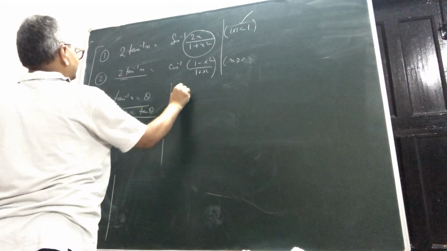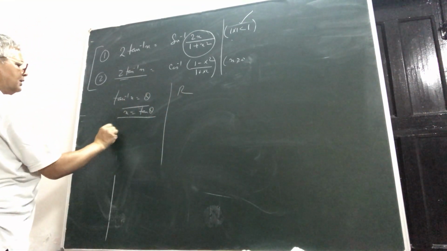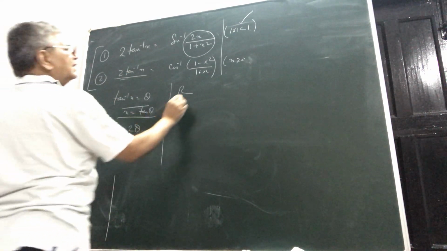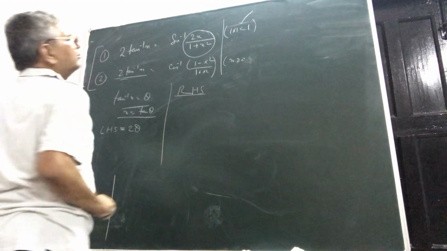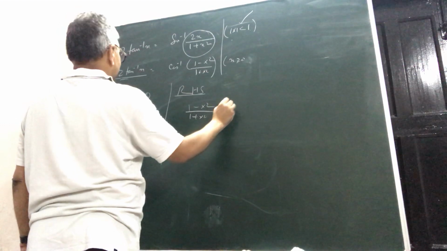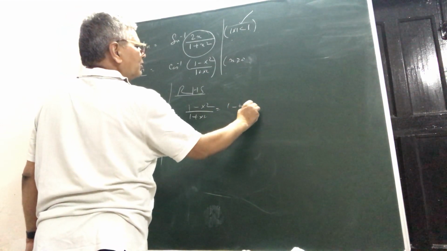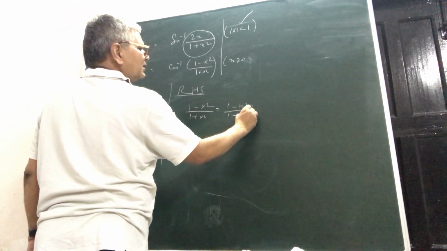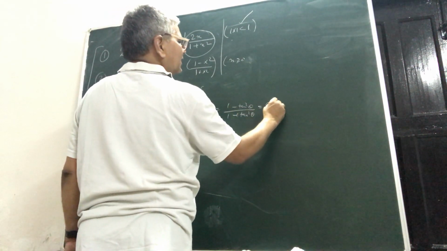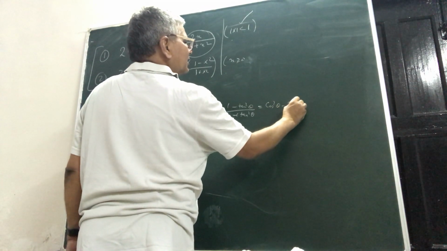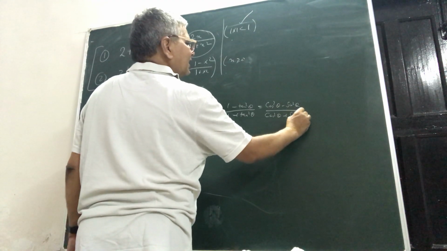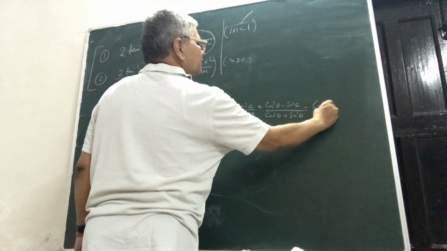Now calculate the right hand side. Left hand side is what here? 2 theta. Left hand side value is this. Right hand side value, what is it? 1 minus x square upon 1 plus x square is nothing but 1 minus tan square theta upon 1 plus tan square theta, which on simplification will give you cos square theta minus sin square theta upon cos square theta plus sin square theta, and that is nothing but cos of 2 theta.